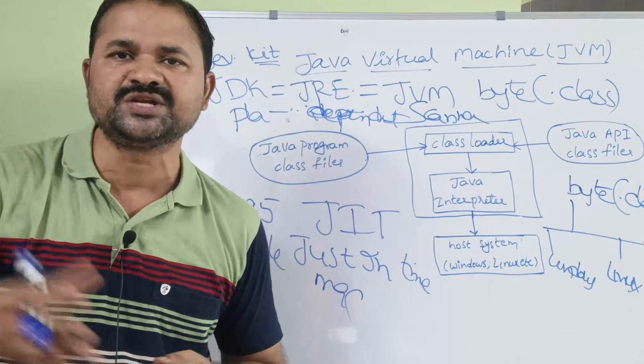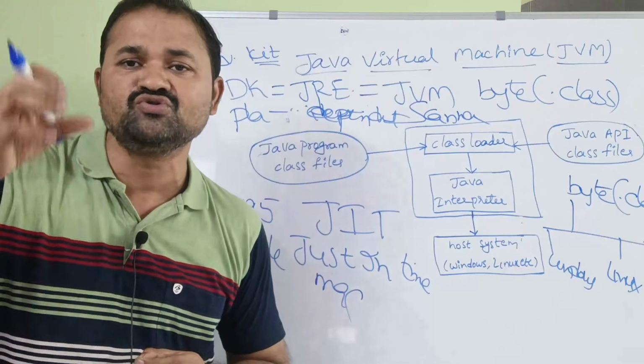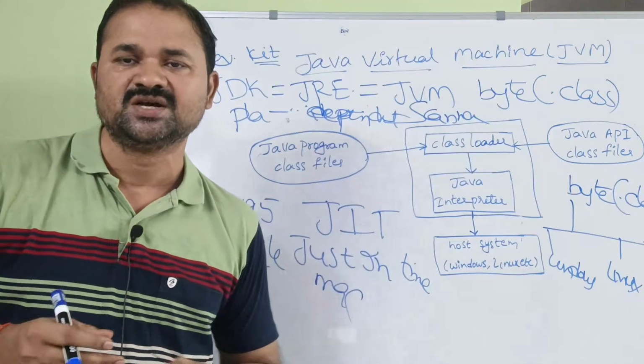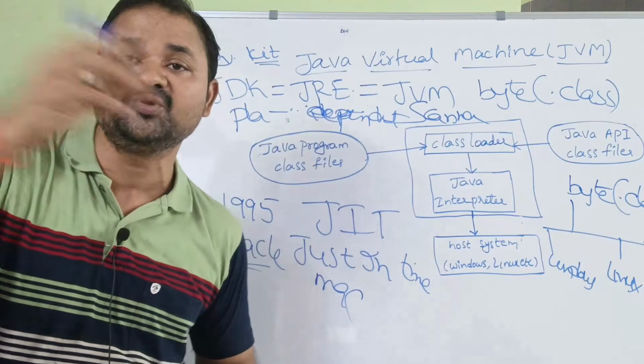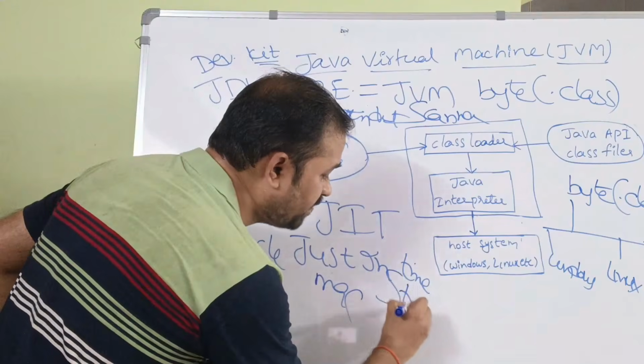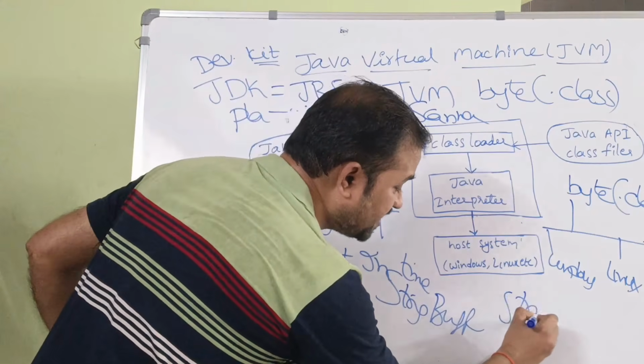So let's say 2 to 3 classes. We have a class called Scanner class. If we want to use Scanner class, then we must import the util package. Why? Because Scanner class is available in the util package. Likewise we have the StringBuffer class and the String class.